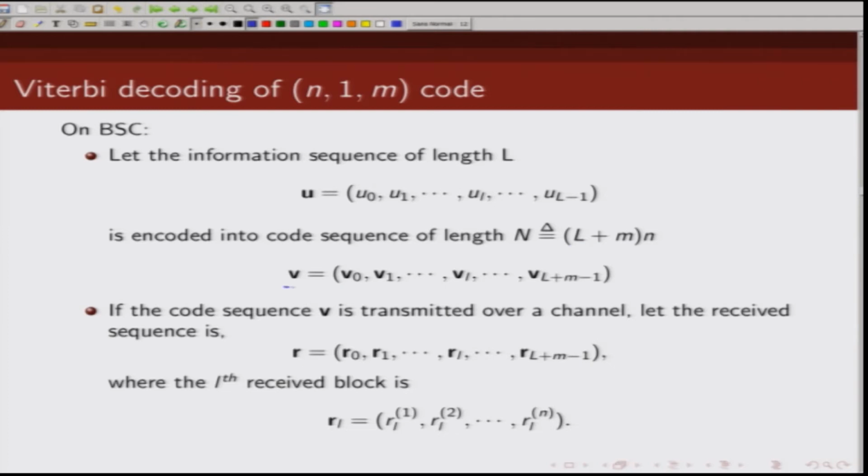If you transmit this code sequence over this binary symmetric channel, the received sequence is denoted by R. So, we receive R0, R1, R2, up to R L plus m minus 1, where each of these Ri's consists of n bits. This R is the received sequence corresponding to the code sequence that we have transmitted.